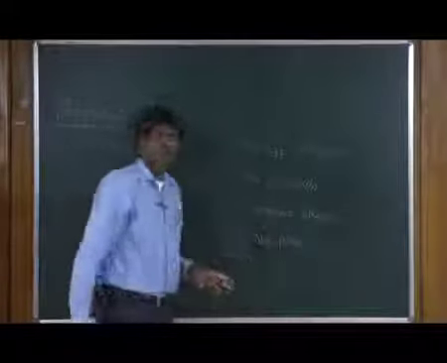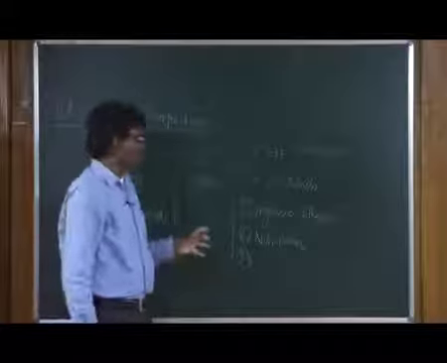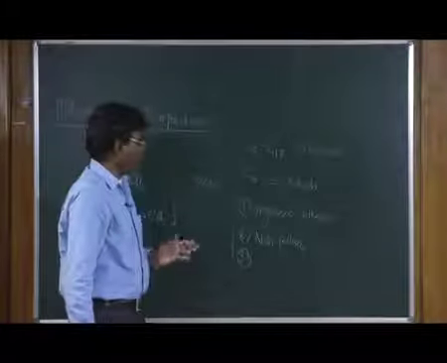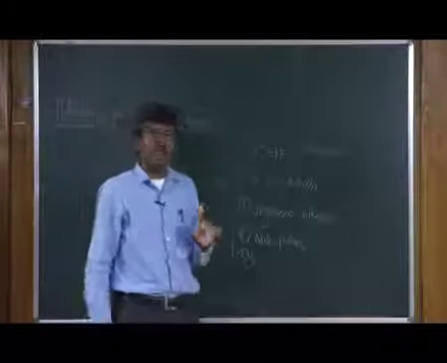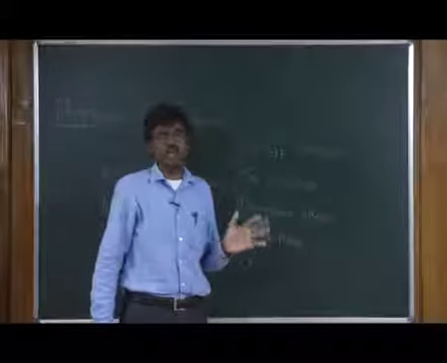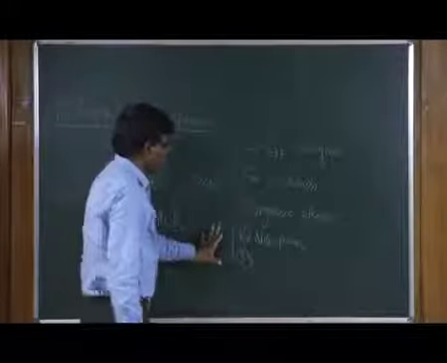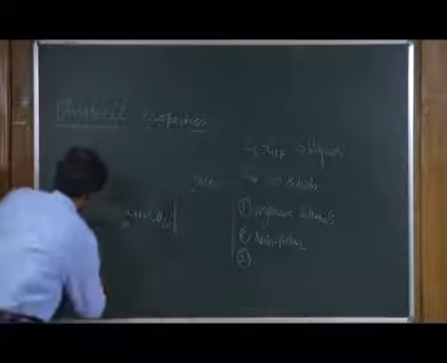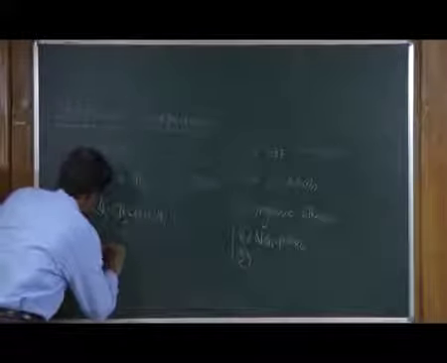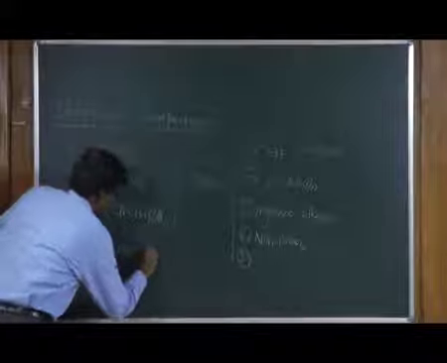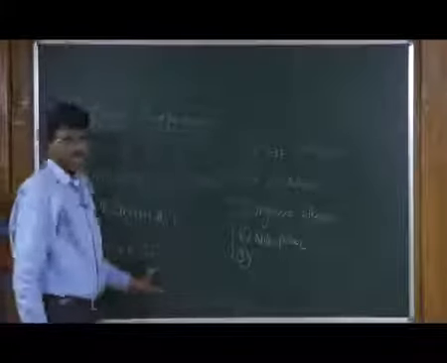When you talk about melting and boiling points, when you increase the molecular weight of the alkene, the melting and boiling points increase. For example, let us take pentene. The boiling point is 32 degrees Celsius.